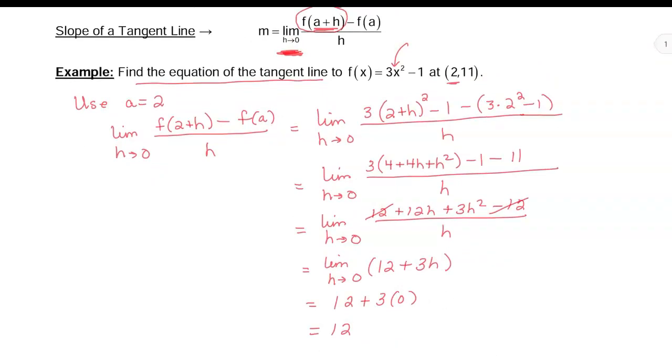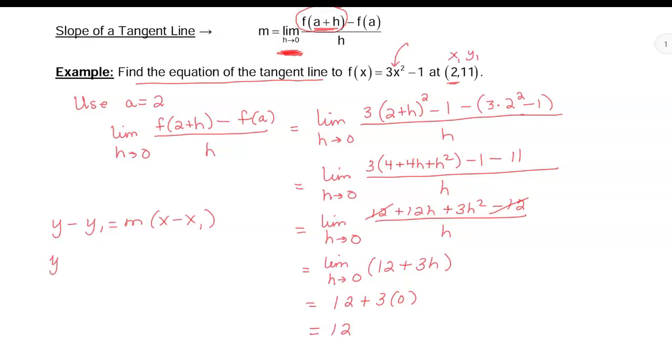So I'm going to write the equation of the line. I'm going to write it in point slope form. So y minus y1 equals m times x minus x1 is point slope form. My y1 is the y coordinate we were handed at the beginning. x1 is 2, and then our slope is 12.